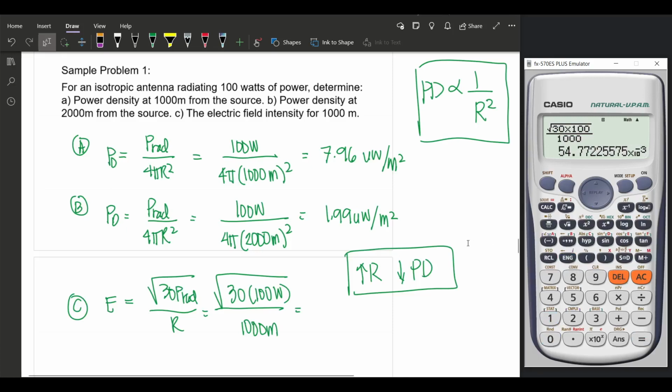So you'll get 54.77 millivolts per meter. The unit is volts per meter.